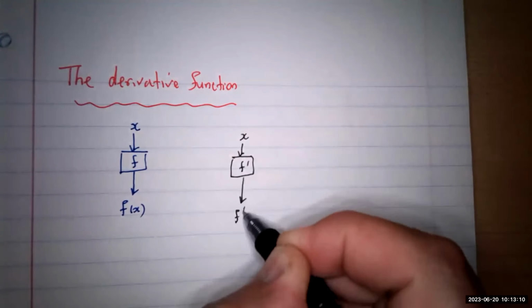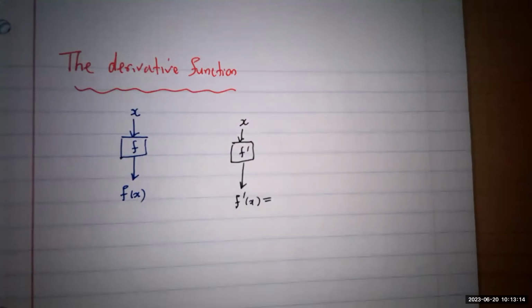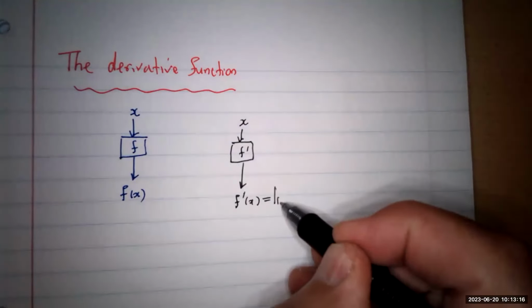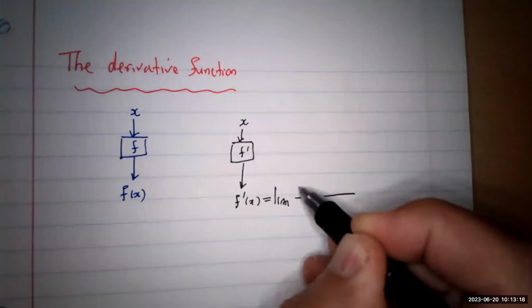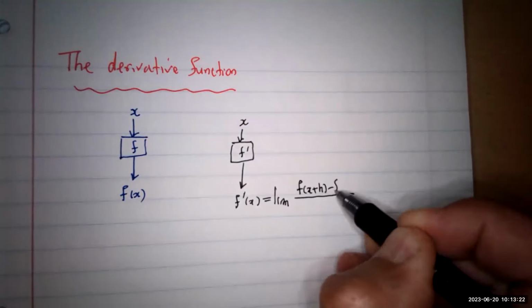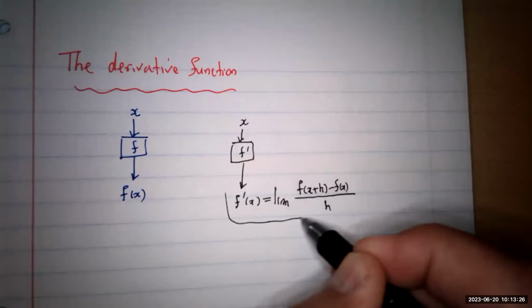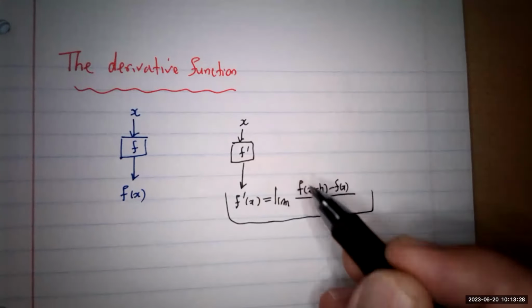f prime of x can be found by just using that rate of change formula. It is the limit of f of x plus h minus f of x, divided by h. You see, this f prime is going to be called the derivative function. So there you are.